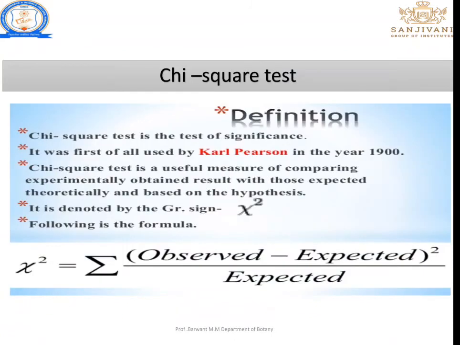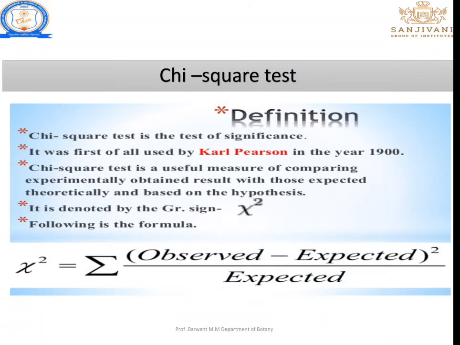Okay, let's see. First I explained what the chi-square test is and for which purpose it is used. There is only one purpose: the test of significance. Then the chi-square test was used by Karl Pearson, the scientist, in 1900. Then I explained the definition.